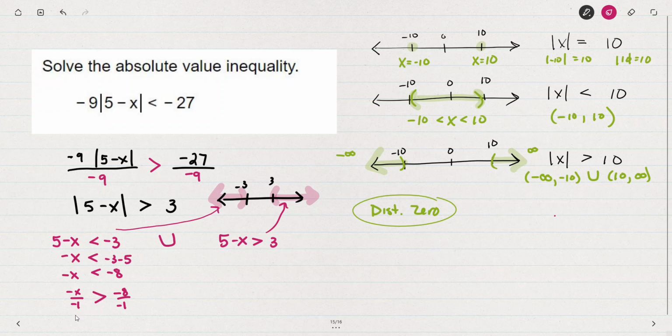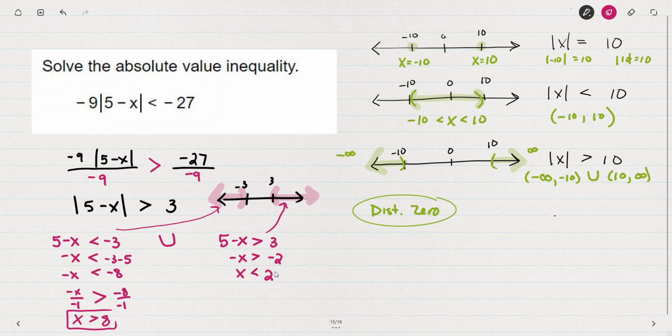So this gives us x greater than 8. There's the first part. Or, doing the same thing to the right, subtract 5 from both sides. 3 minus 5 is negative 2. When I divide by a negative 1, I'm going to flip the inequality from greater than to less than.